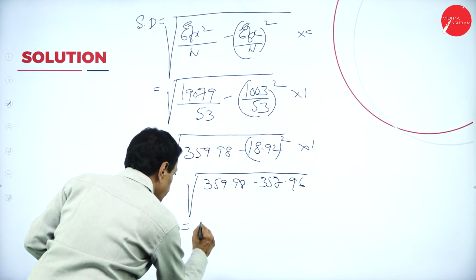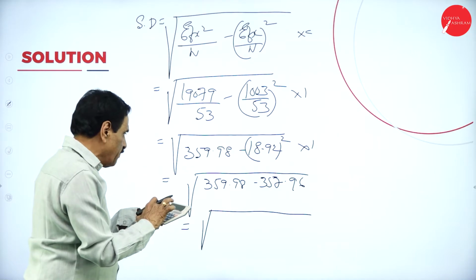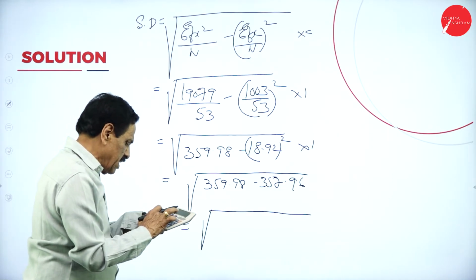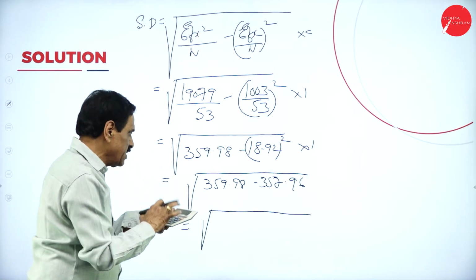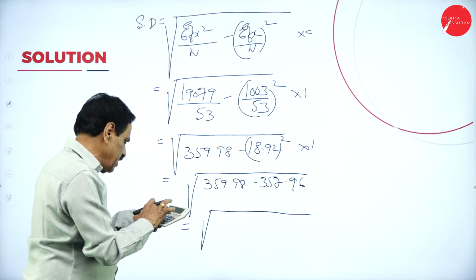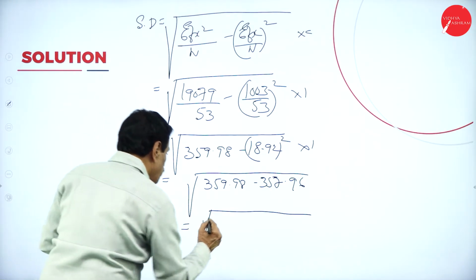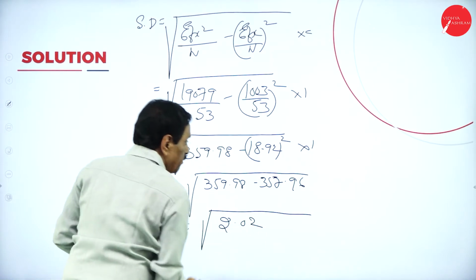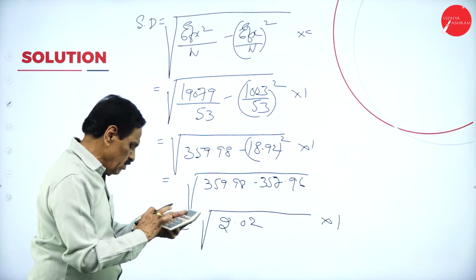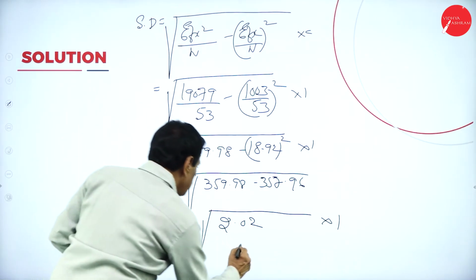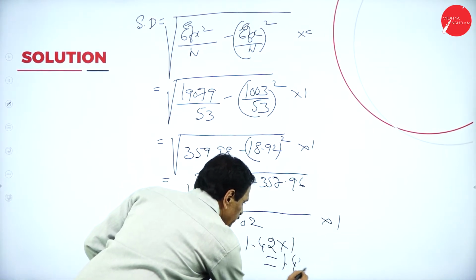Deduct: 359.98 minus 357.96 is equal to 2.02 into 1. Root of 2.02 comes to 1.42, into 1 is 1.42.